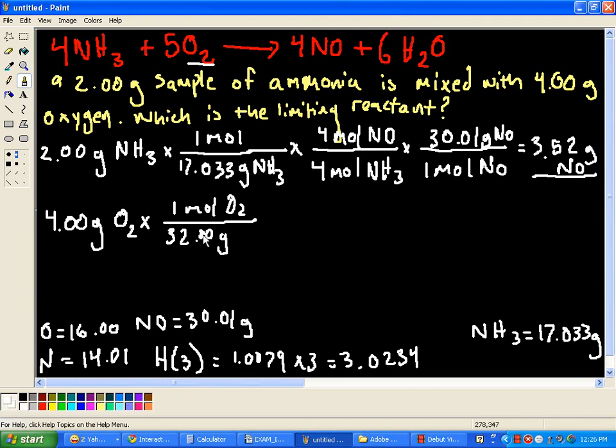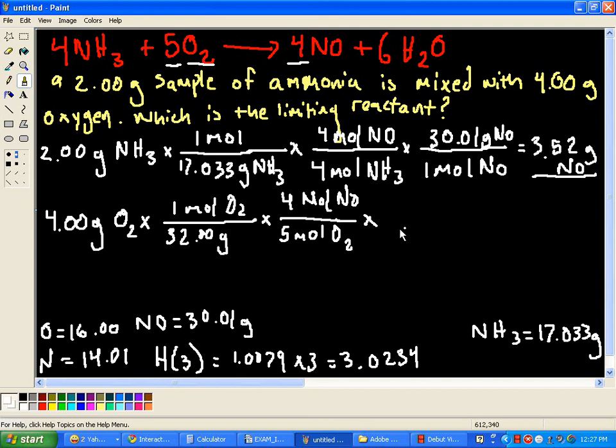Now we do the same conversion ratio. We're canceling out of moles oxygen and going into moles NO. You find it just by looking at your ratio right here: for every 5 moles of O2, we have 4 moles NO. You see our 4 right there.